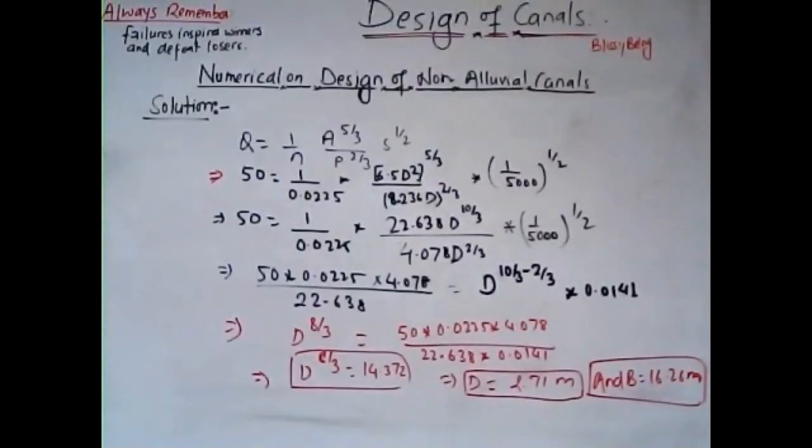Solving this, you can easily obtain D to the power 8 by 3 equals that expression. If you solve this, you obtain the depth of the trapezoidal canal as 2.71 meters, and the base width B, which is 6 times D, as 16.26 meters.